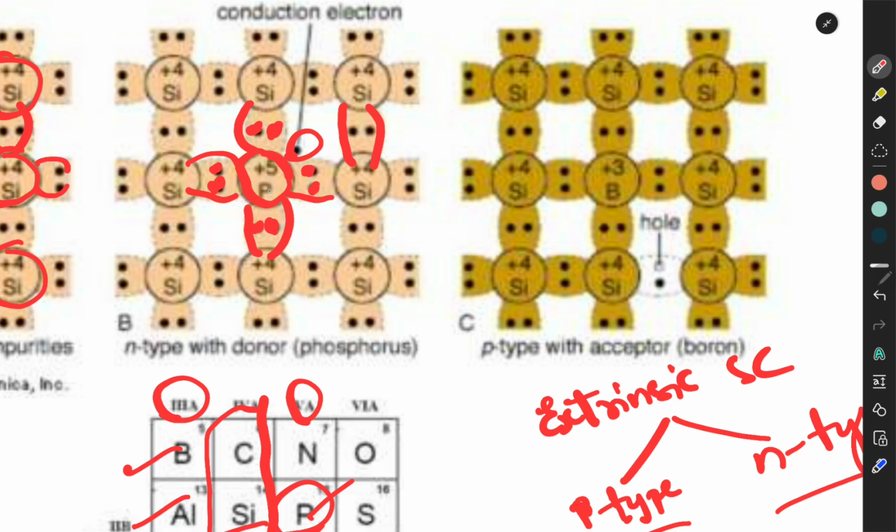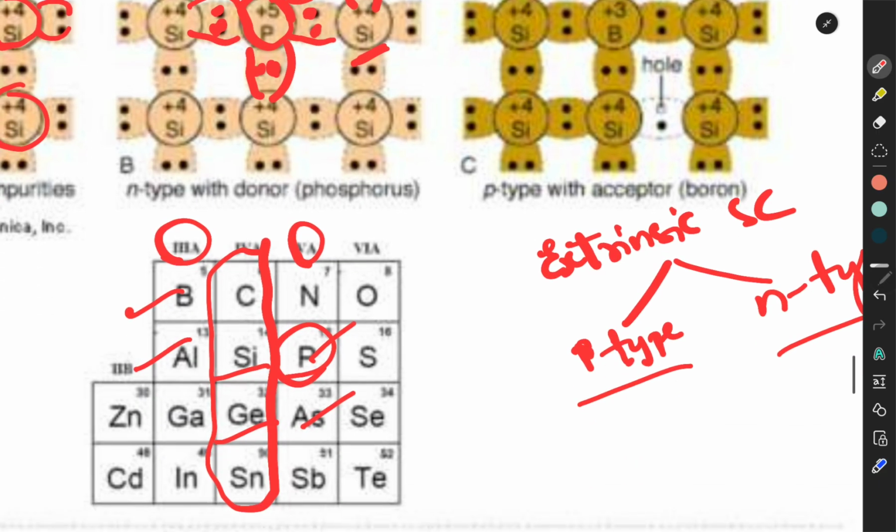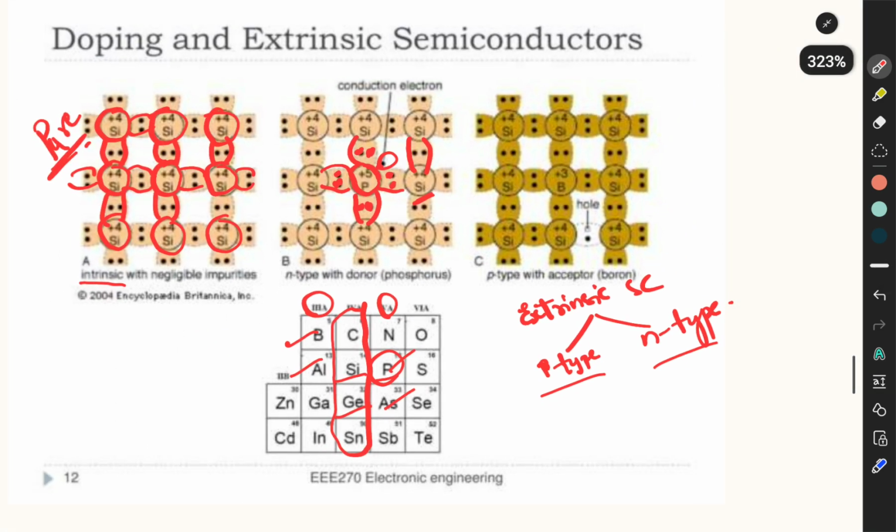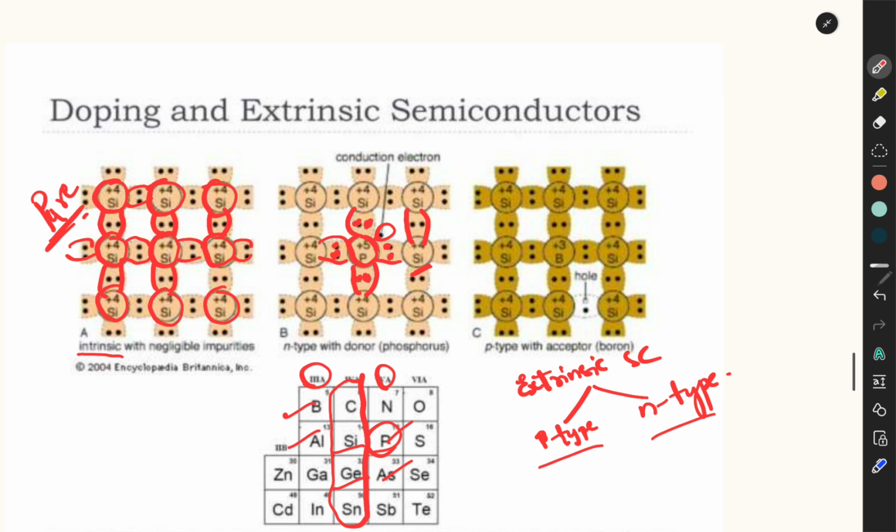So when a pentavalent impurity is added to the pure semiconductor, such a semiconductor is called an N-type semiconductor. As electrons are left out, electrons are in majority and holes are in minority.